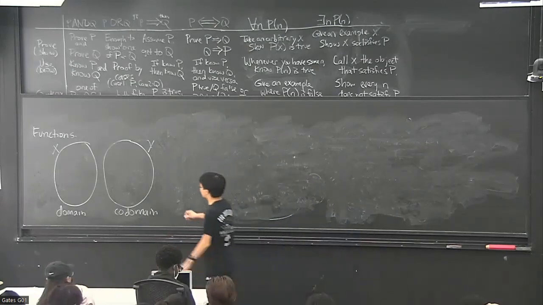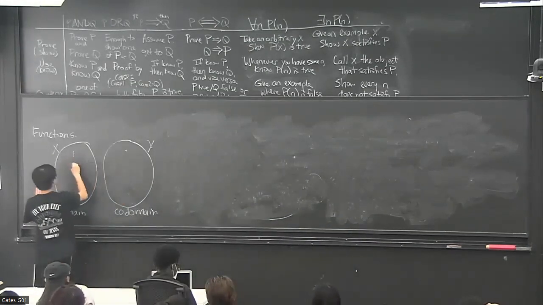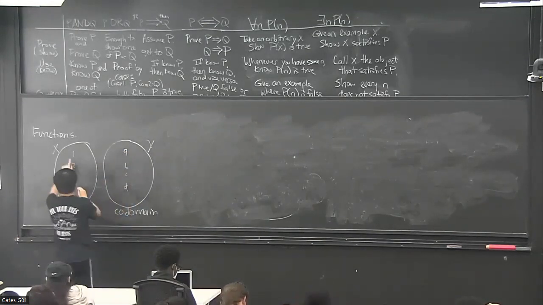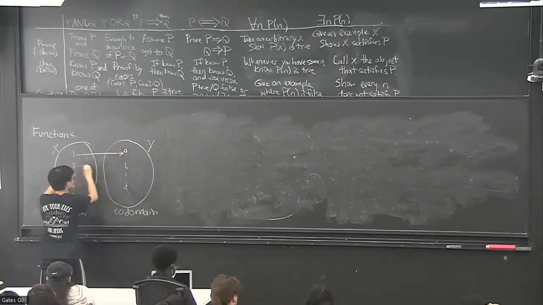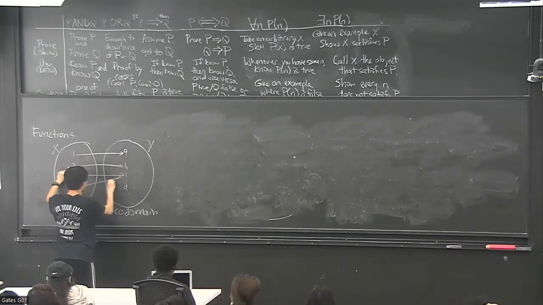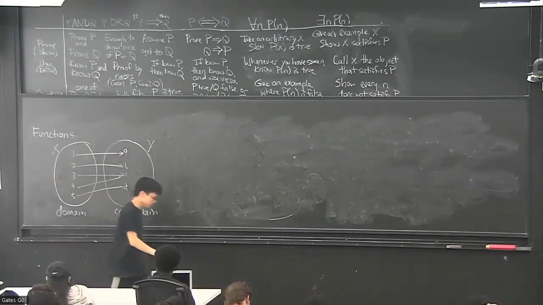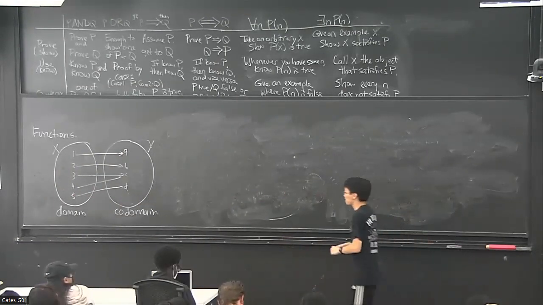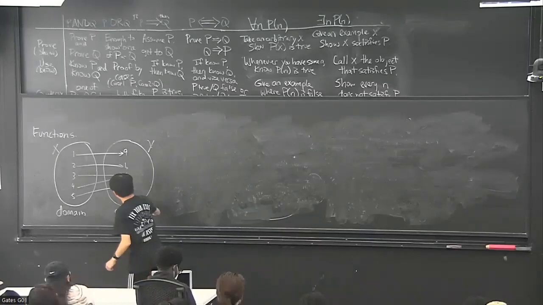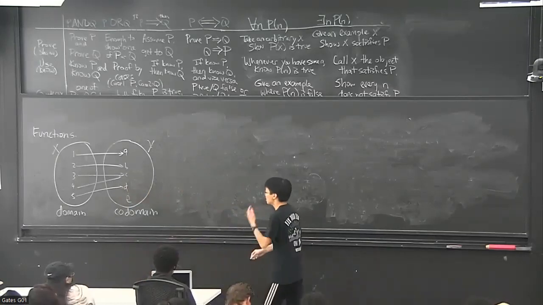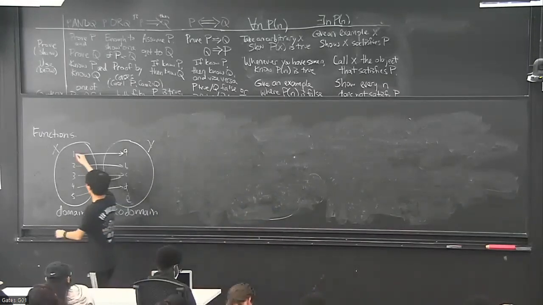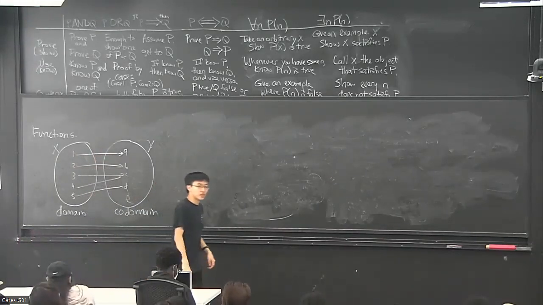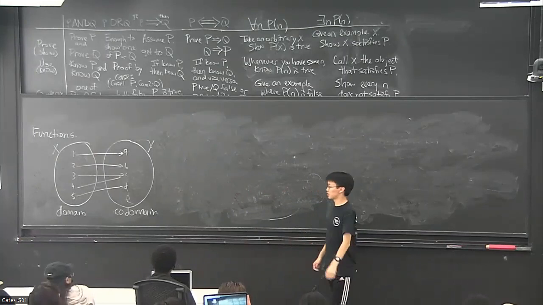Let me give an example here. Let me call this 1, 2, 3, 4, 5, and A, B, C, D. Let's say 1 is assigned to A, 2 to B, 3 to C, 4, 5. Let's put E. Here, the inputs are 1 through 5. Here's the list of potential outputs, not necessarily all possible outputs.